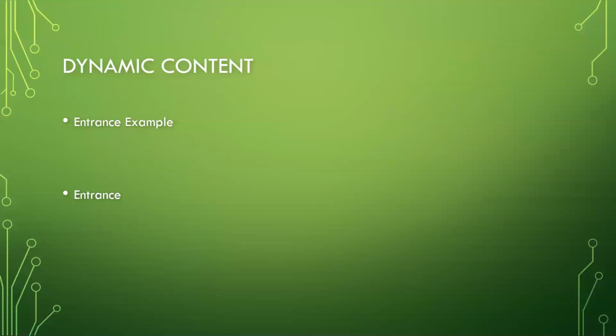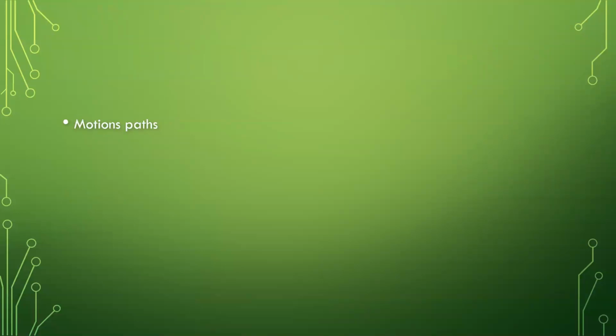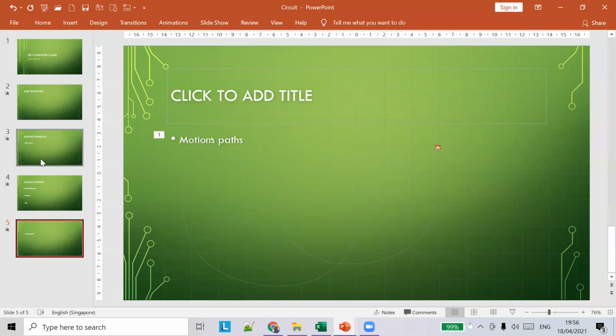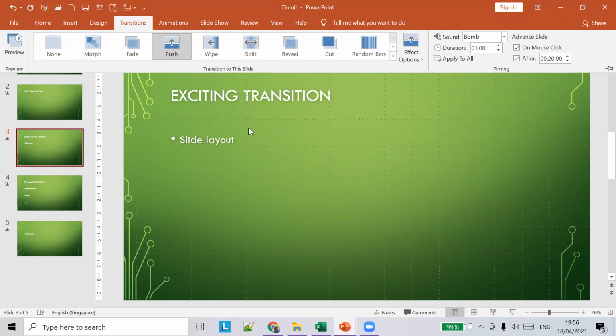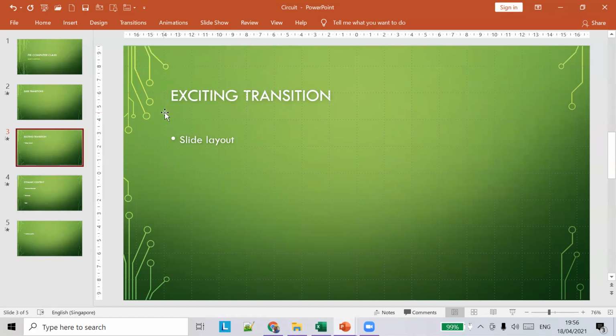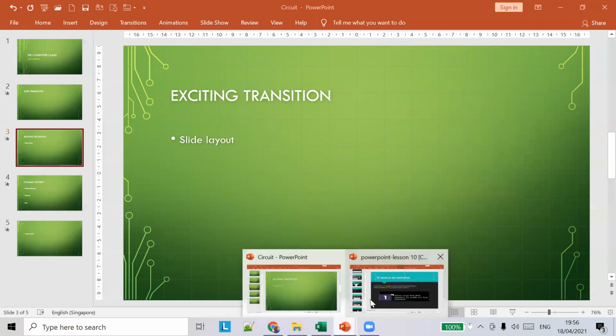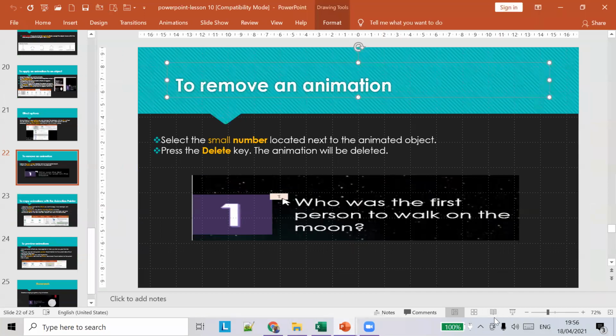So this is how you remove an animation from a particular element. Similar to transitions, where we choose none, instead of that you can just say delete, and the animation will be gone. So this is how you remove an animation.